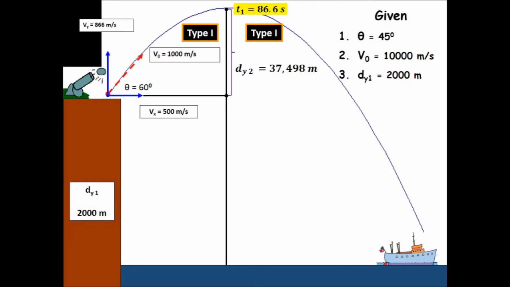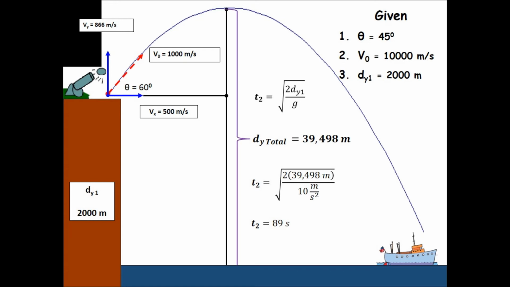So next, we know that dy1 is 2,000. So we're going to add that to it, and we're going to get 39,498 meters, which is the total distance from the D max all the way down to the water.